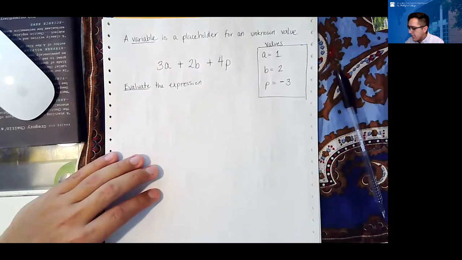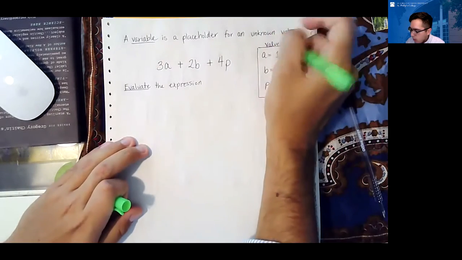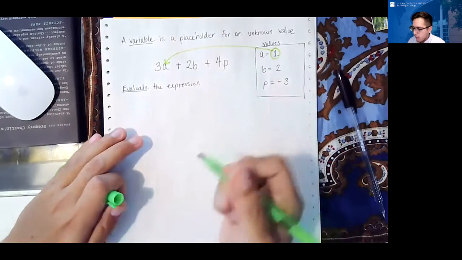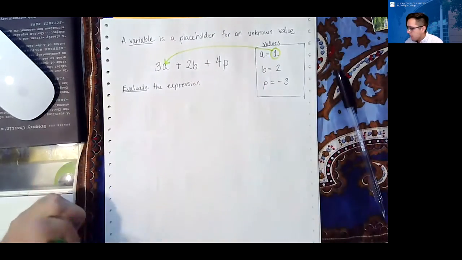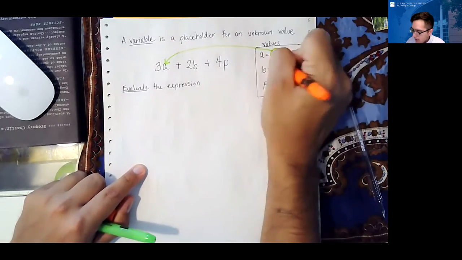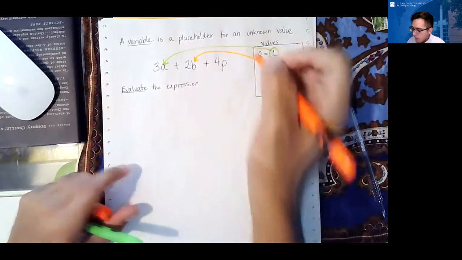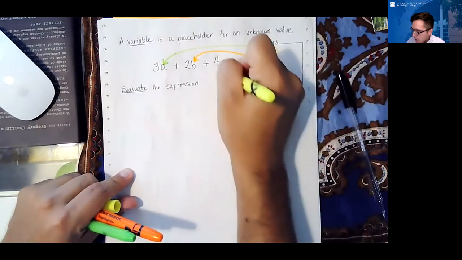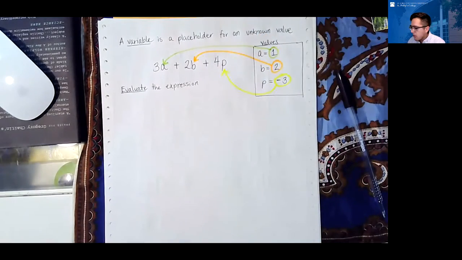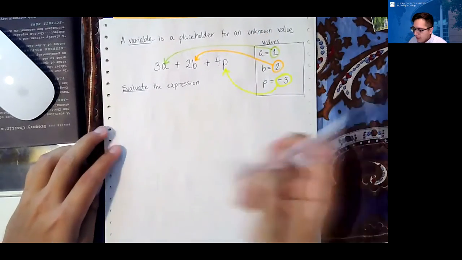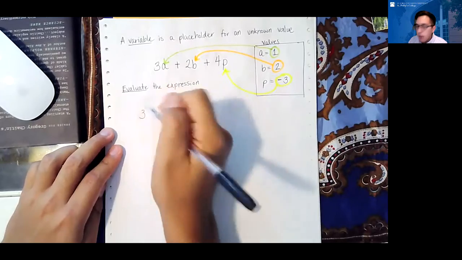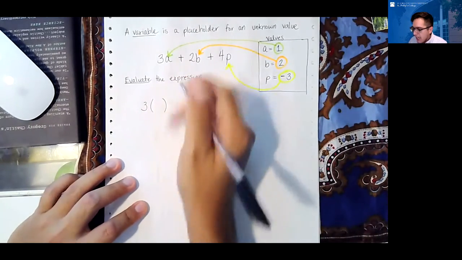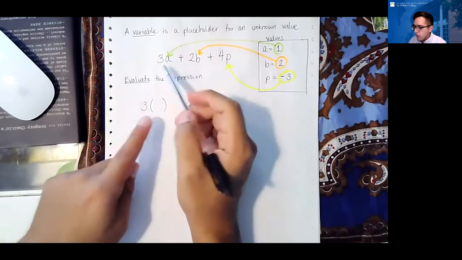Okay, so now we can take 1, which is the value of A, and plug it in for the A. We can take the 2, plug it in for the B, and take the 3 and plug that in for the P. And when I say plug them in or substitute, what I mean is we're going to write the expression down again, but every place that you had a variable, you will open up a set of parentheses and then stick that value in for the corresponding variable.